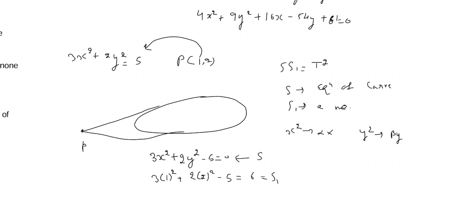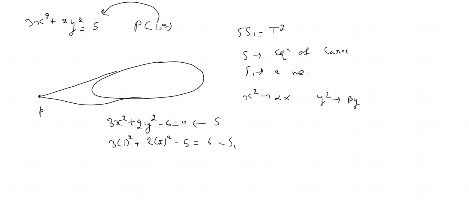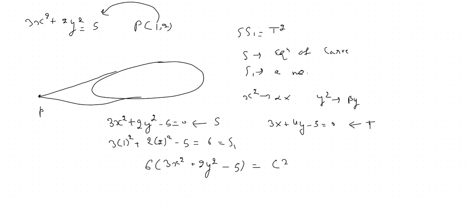For T, just replace x square with x and y square with 2y. So you have 3x plus 4y minus 5 equals 0. This is your T. Now SS1 is equal to T square. So we have 6 into (3x square plus 2y square minus 5) is equal to (3x plus 4y minus 5) whole square.